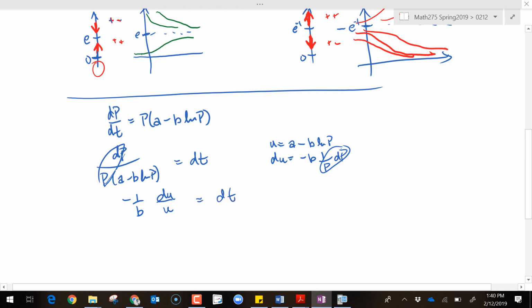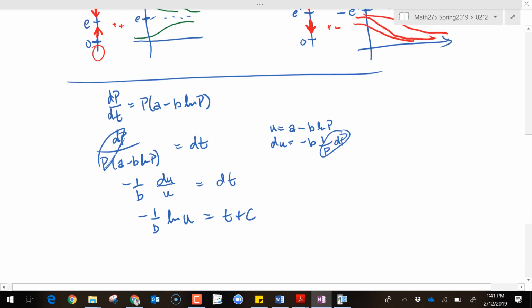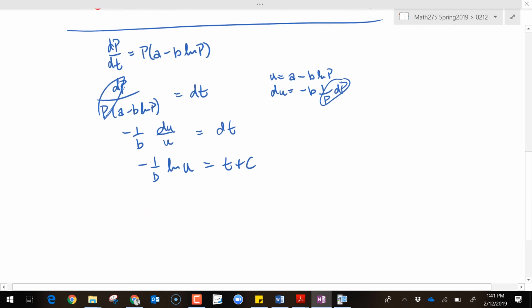Then integrate: negative 1 over b ln of u is equal to t plus c. We throw in the c there. And then we'll solve for u, which is that whole thing.